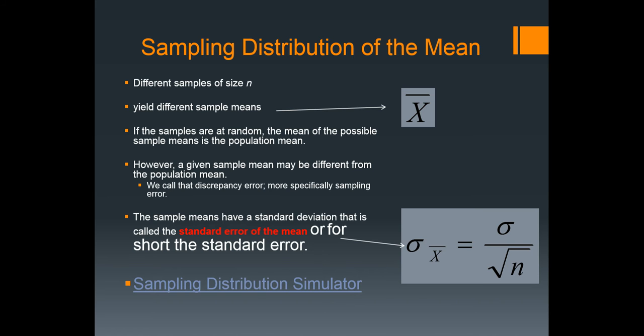Each time we sample from the population, we might get a slightly different mean. So let's say the population mean is 100. In our first sample, we might get a sample of size 10 where the mean is 98. Second sample, we might get a sample of size 10 where the mean is 102. And we might get a sample where the mean is 103. Who knows? We might get a sample where the mean is way out in the 70-something, right?